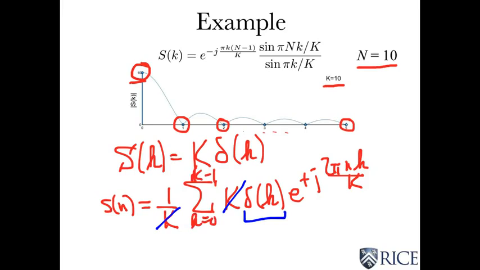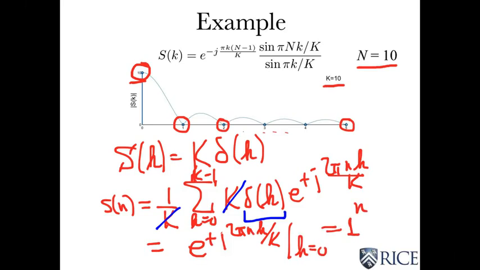All the other values of the spectrum are 0, and so after we see everything, all we get is this. Evaluated at k equals 0, well, e to the j0 is 1 for all n. So we indeed get back our original signal, even though it doesn't have all the detail that we know is there from the DTFT.